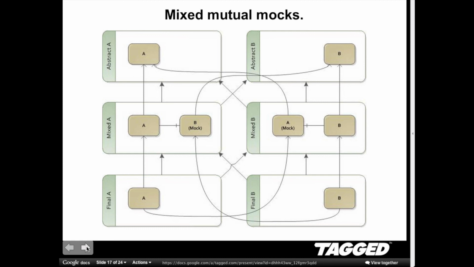Here's an example of the three-layer thing I was just talking about. So we've got abstract A and abstract B. And our mixing models that specifically work out what their mutual relationships are, and then the final versions. But look, even though it's a little bit complicated, the graph is not. So these arrows are where your problems lie.